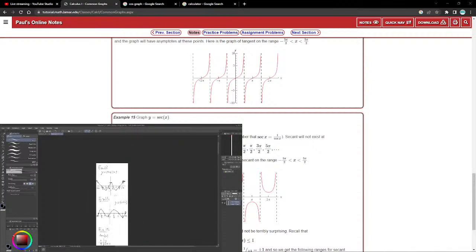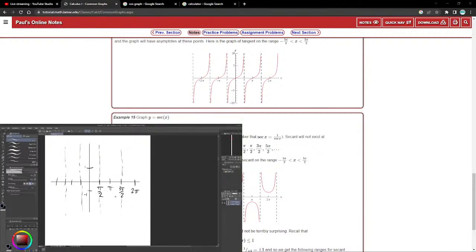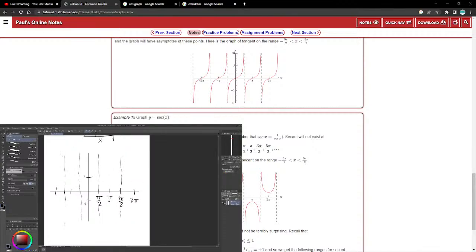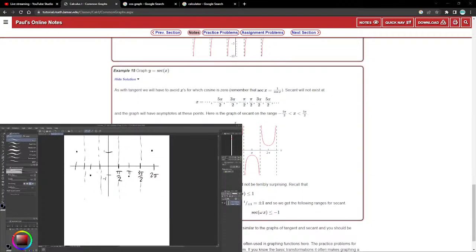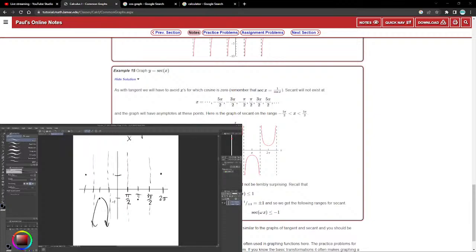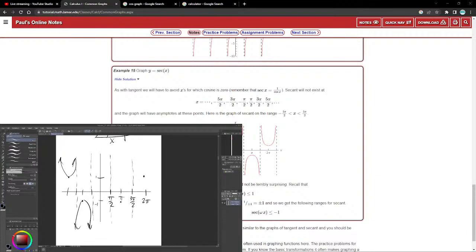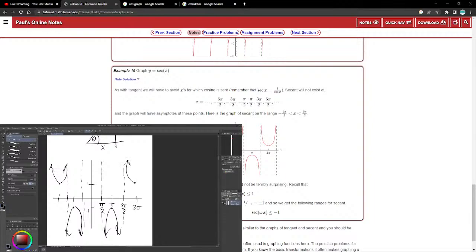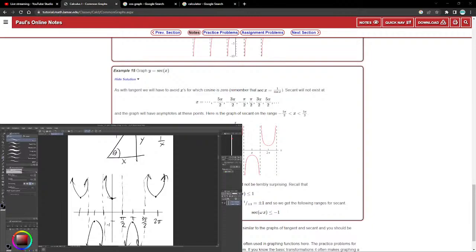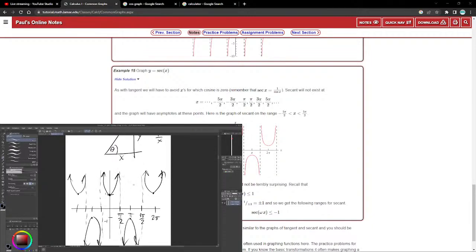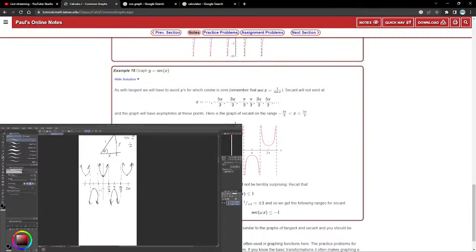Wait, this is negative 1. Wait. So I think this would be negative 1. This would be 1. Then negative 1, 1. Yeah, okay. I think it goes like this. Then at 0, there's also... Oh yeah, because the peak. There, okay. And that's all of them.